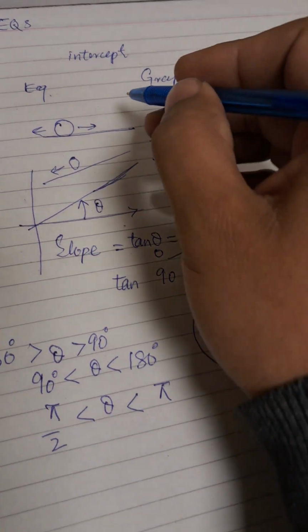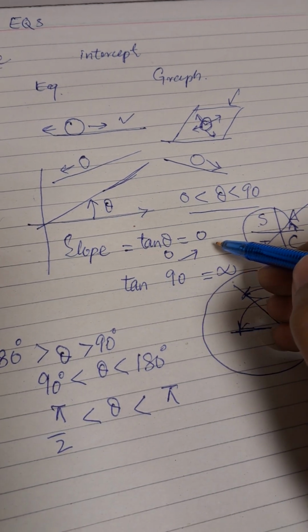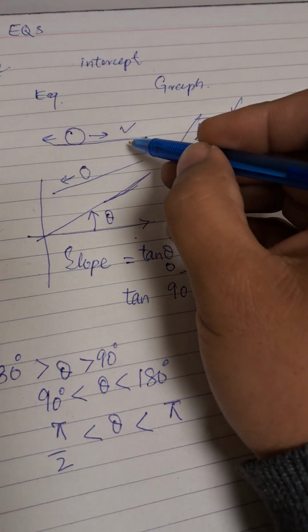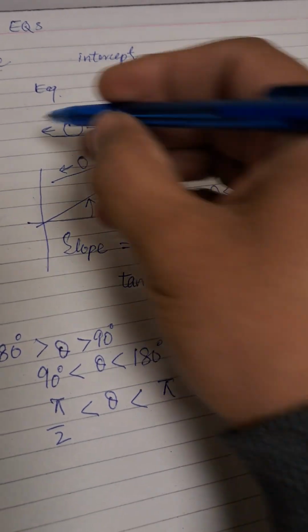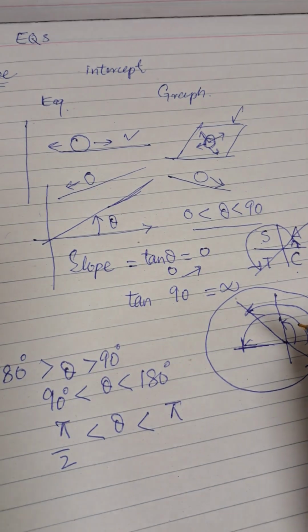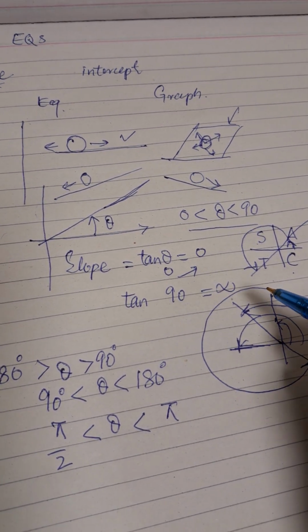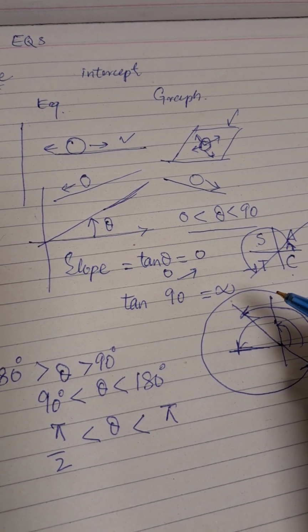But what if this is the condition? Then since tan of 0 is 0, we would say there is no slope. And when the line is like this, slope is undefined because tan of 90 is undefined in that particular case.